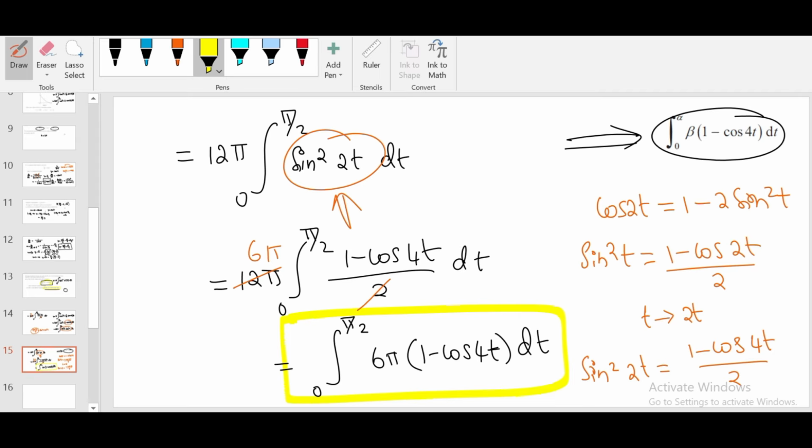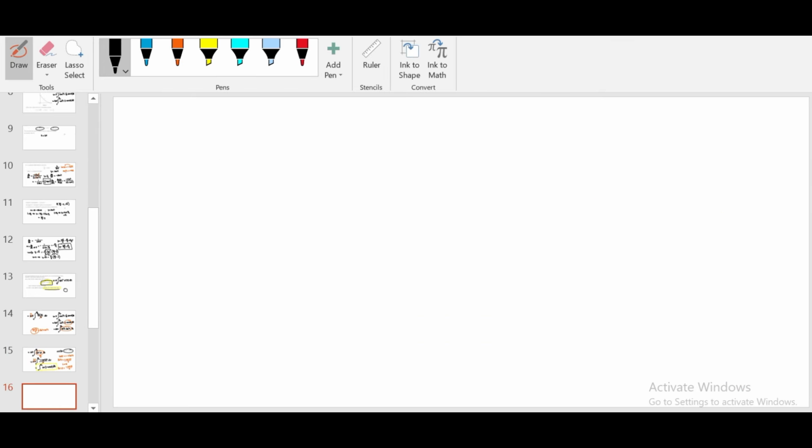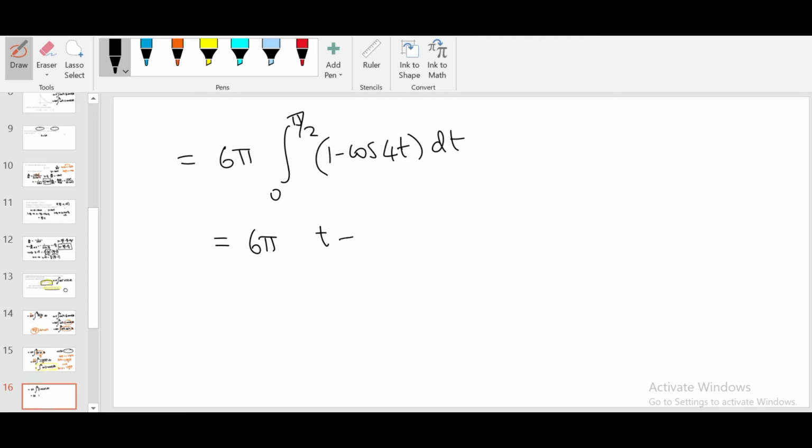So when you integrate, first I'm going to write it as, probably I can keep 6 pi outside. Integral 0 to pi over 2 1 minus cos 4t dt. So 6 pi, 1 becomes t, cos 4t becomes sin 4t over 4, 0 to pi over 2.